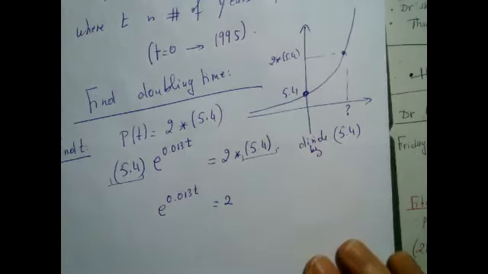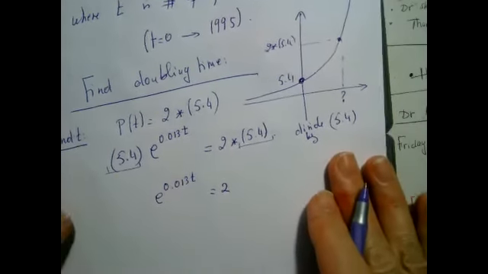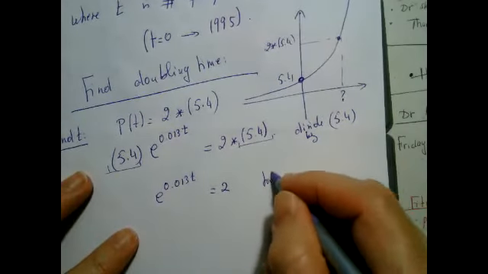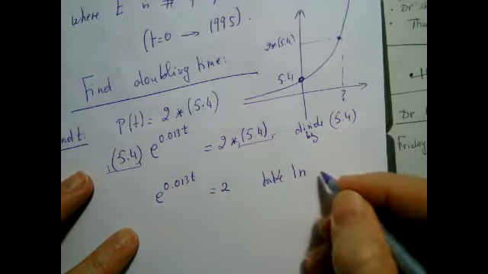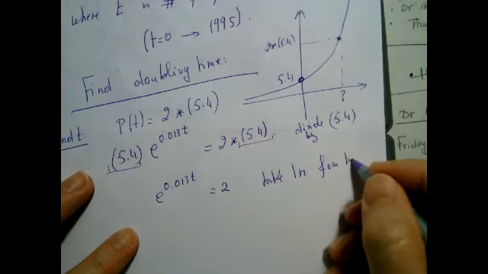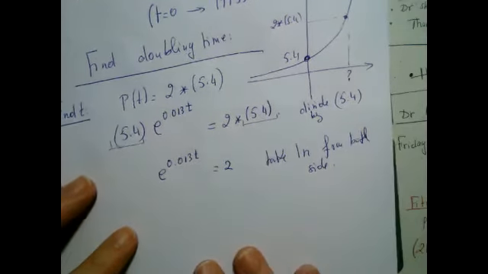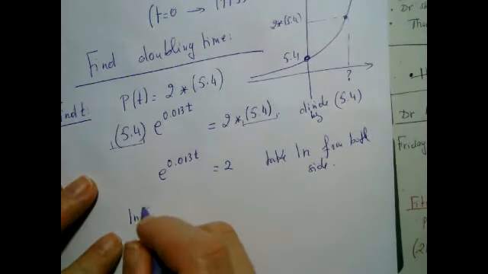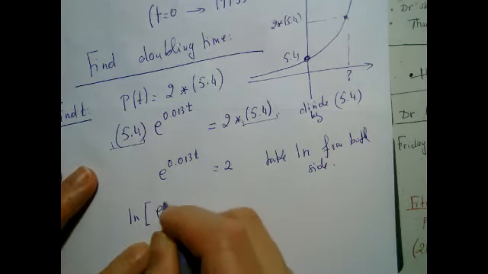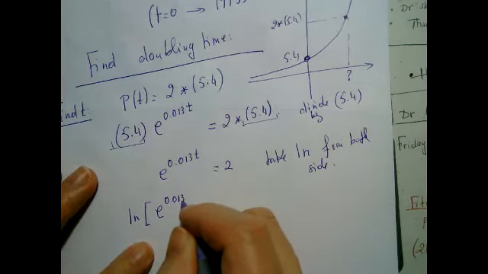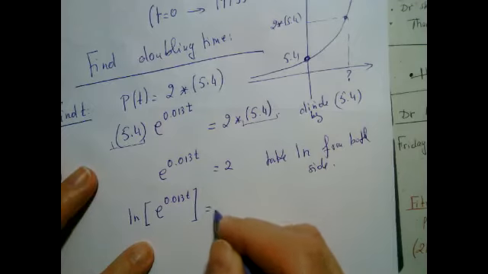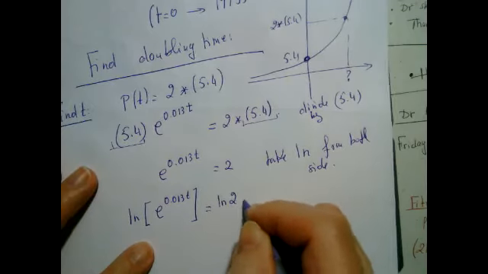What matters is how fast the population is increasing. Now we take the log from both sides and see how long it's going to take. So it's going to give me ln of e to the 0.013t equal the ln of 2.